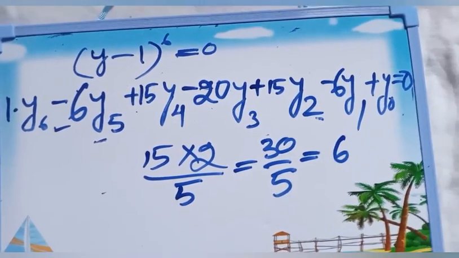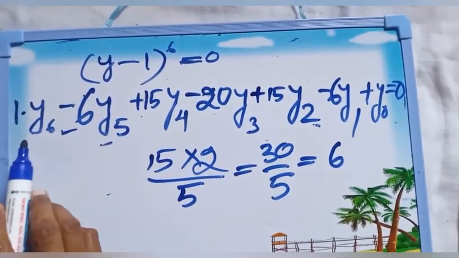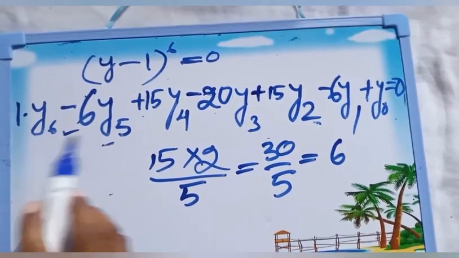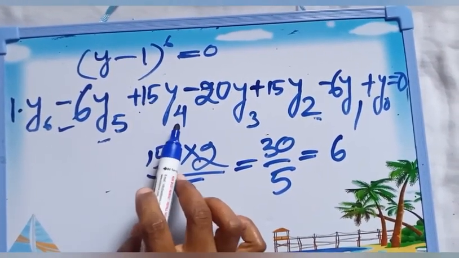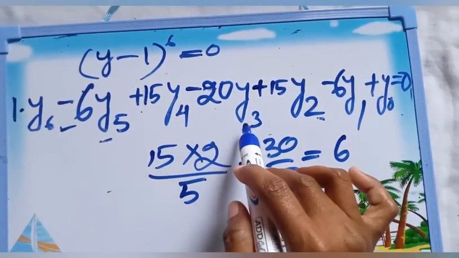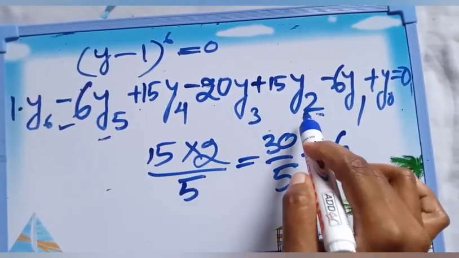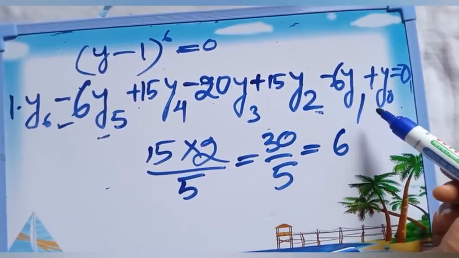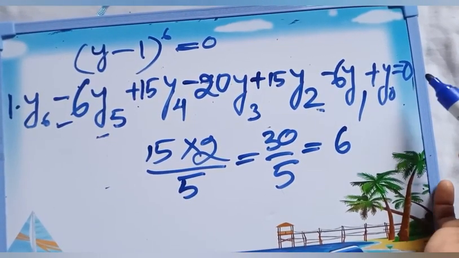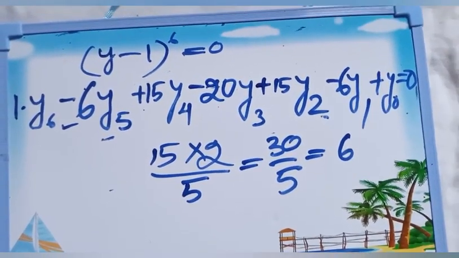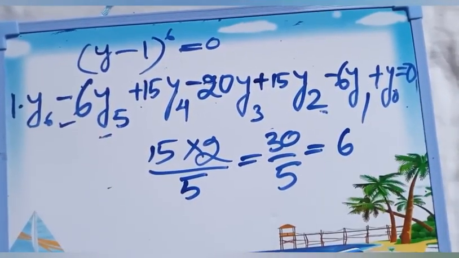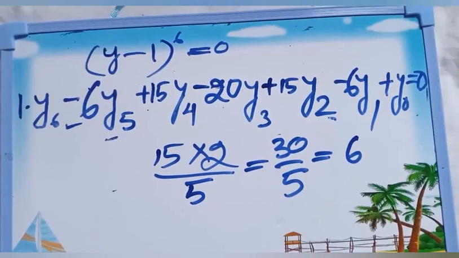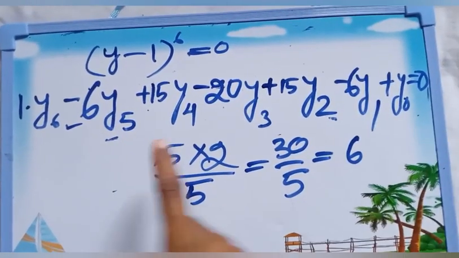Now this equation is complete. How do we write it? y6 minus 6y5 plus 15y4 minus 20y3 plus 15y2 minus 6y1 plus y0 is equal to 0. This is one method to write this expansion. Also in my next video I'll teach how easily you can write it.